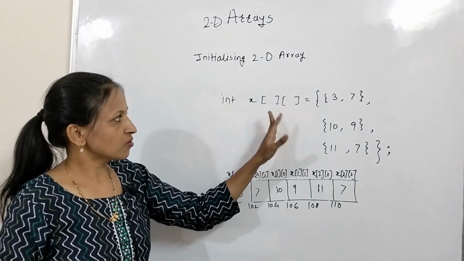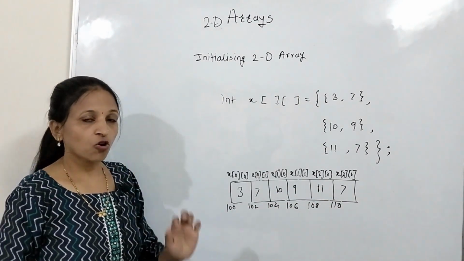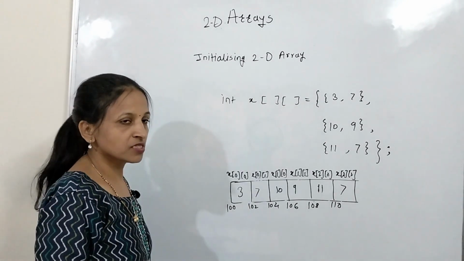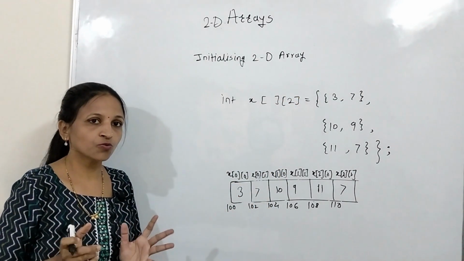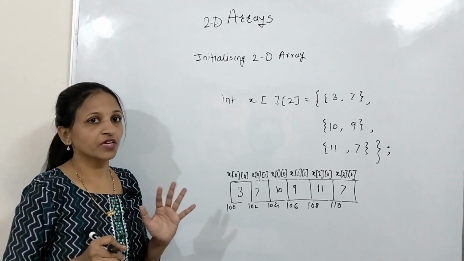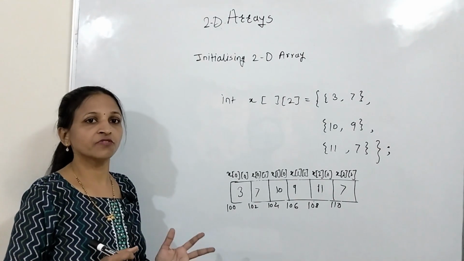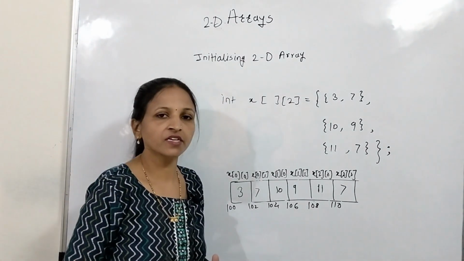The column size we have to specify, it is compulsory. Okay, means here each individual array will have 2 elements in it. That we have to mention. The row size is an optional part, but column size we have to mention compulsorily. That point should be kept in mind.